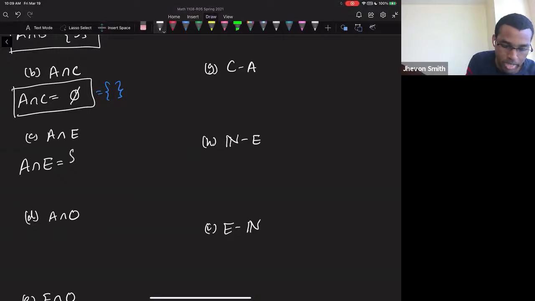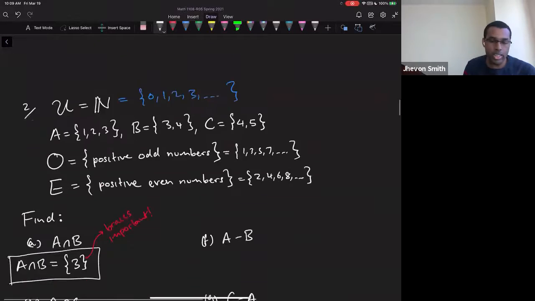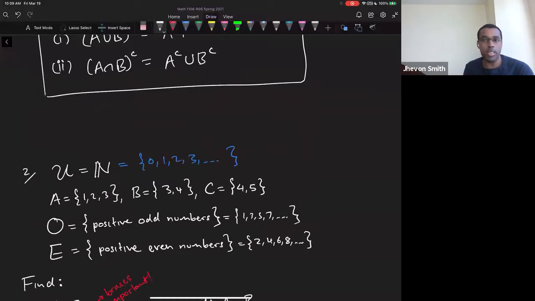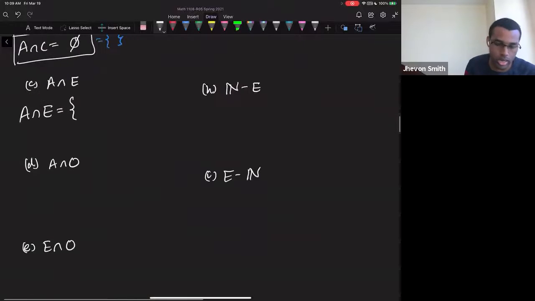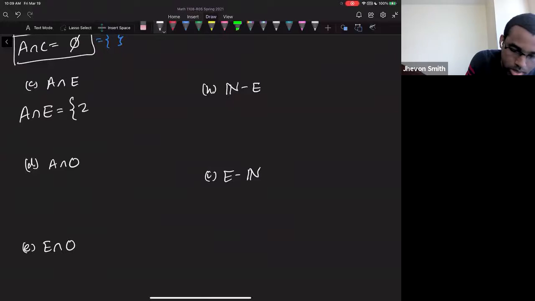So this is definitely going to be a set. These are all sets. A intersect E. E is the set of positive even integers: 2, 4, 6, 8, and so on. A is the set {1, 2, 3}. A has what in common with E? It has only one thing in common with E, namely 2. So this is the set containing 2.